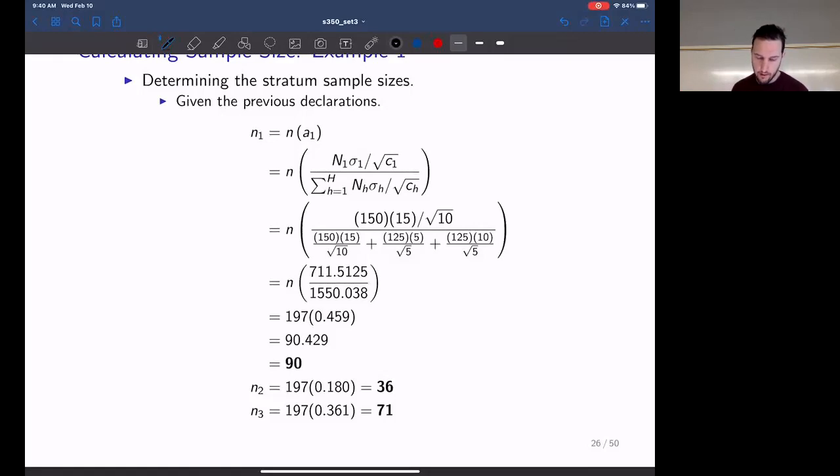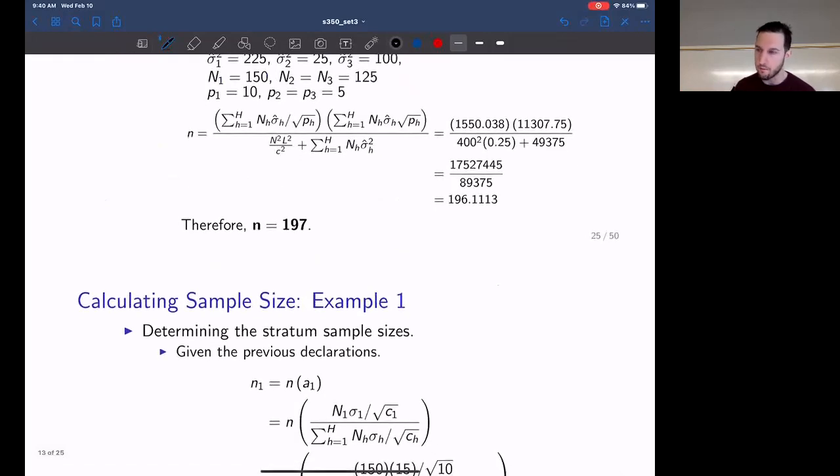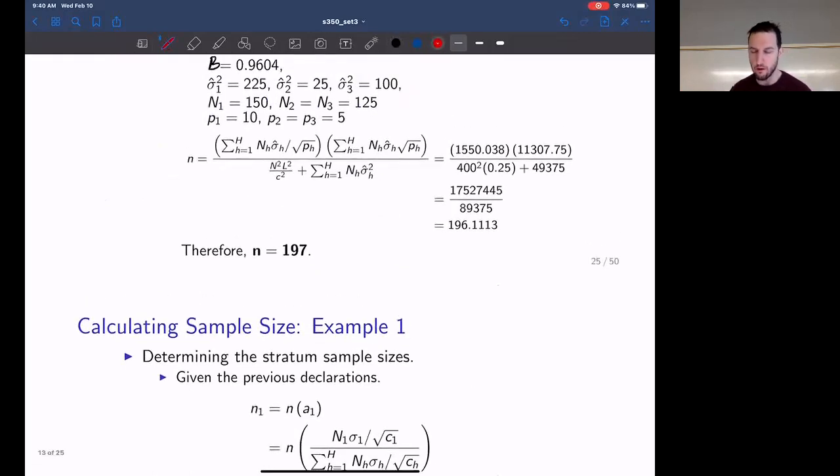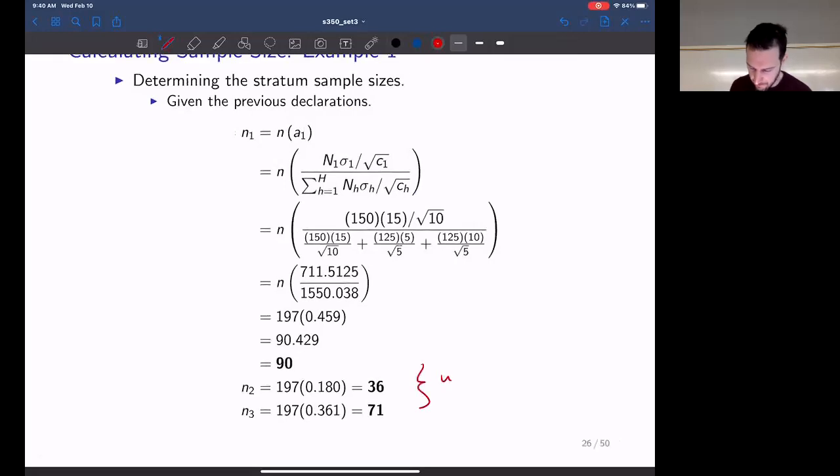Now you'll notice that, as usual, when we compute the sample size, we always round up. So we have here, for example, 196.113 once we solve for each of these terms, and then we round up to 197. But you'll notice that when we compute the strata sample sizes, we round appropriately, because each of the strata values have to equal n.